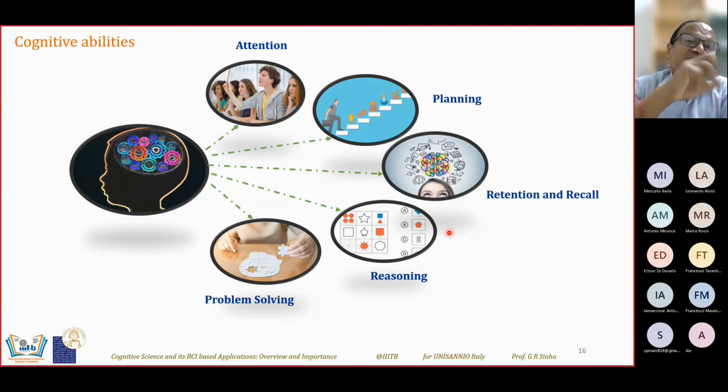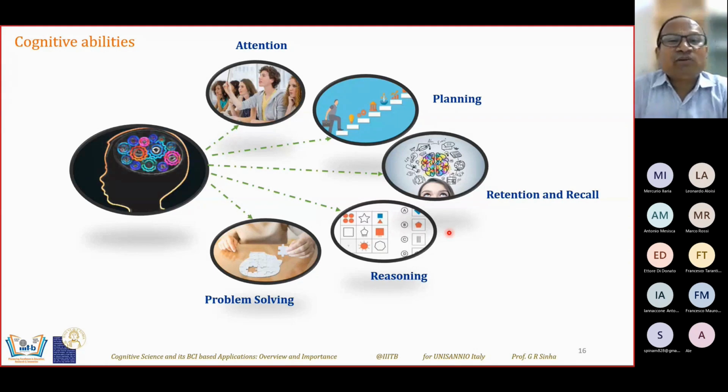All these are actually cognitive science studies, and that is very much dependent on psychological impact.